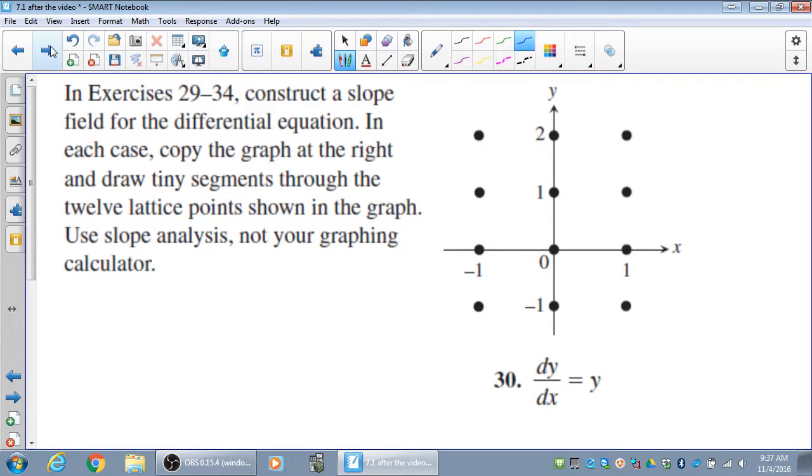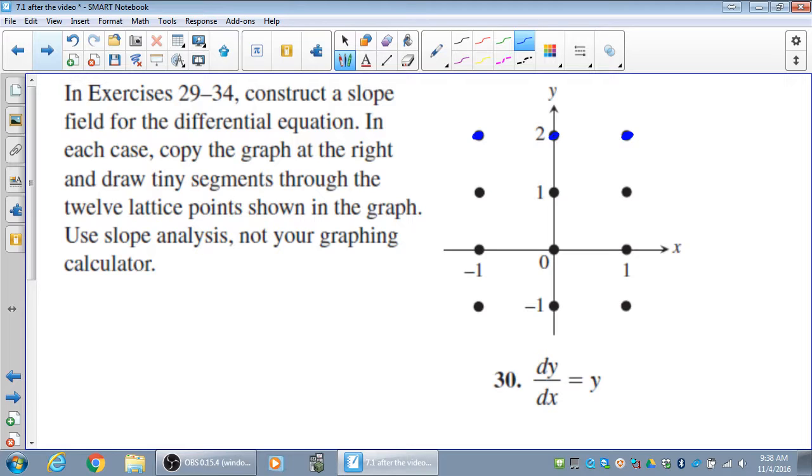We're going to write little tiny slopes on these points right here. And in between any 2 points, we could write an infinite amount of slopes. So this is just an example of what we could do. All right, so here we go. The slopes are based on the value of y. So if we look at all 3 of these points right here, the y's are 2.